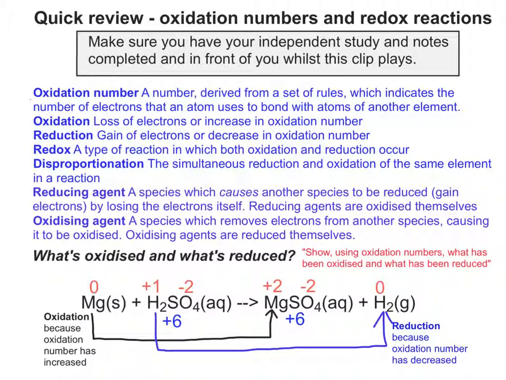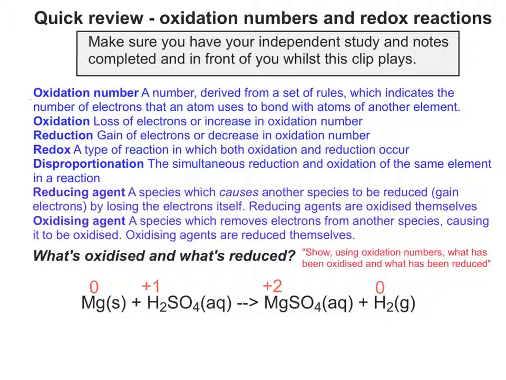So how would we word this so that we've answered the question? If I scrub out the irrelevant oxidation numbers that haven't changed and leave the ones that have, we can say that magnesium has been oxidized from 0 in Mg metal to +2 in MgSO4.